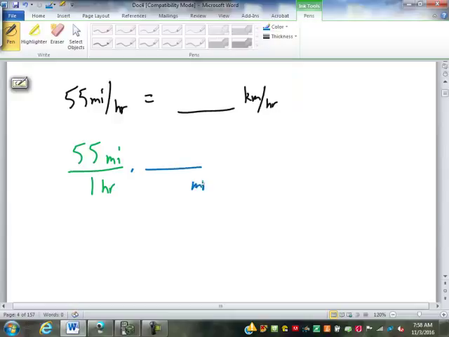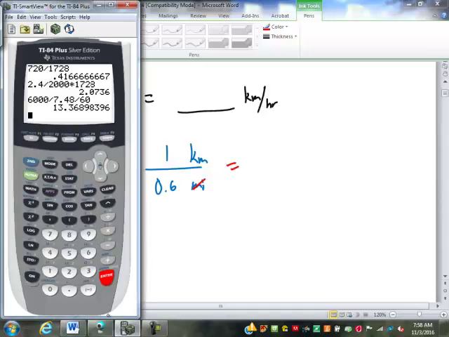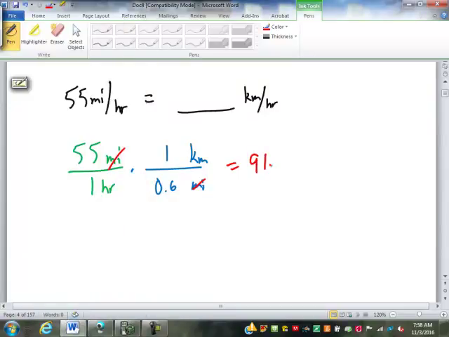We only need to change the miles. Miles to kilometers. 1 kilometer is about 0.6 miles. So this is going to be 55 divided by 0.6. 91.67 kilometers per hour. They'll probably cheat us out of that a little bit and just round it to 90 kilometers per hour as the speed limit.